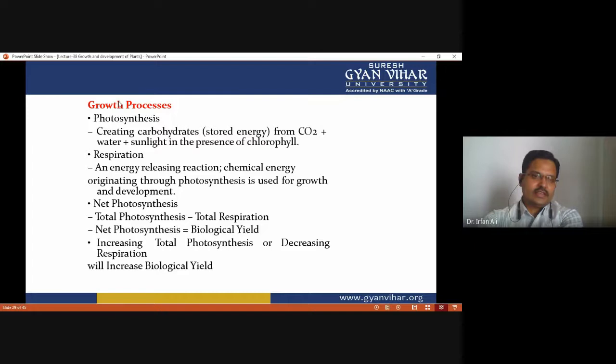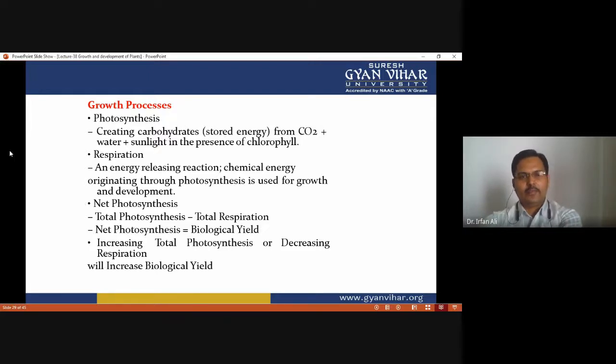So these two processes are what you say are the major processes in plant growth and development. So finally, photosynthesis conserves energy, while respiration generates energy in the form of ATP for the various processes in the plant.